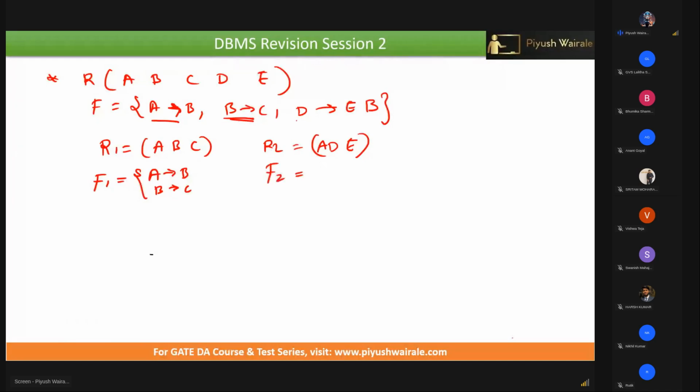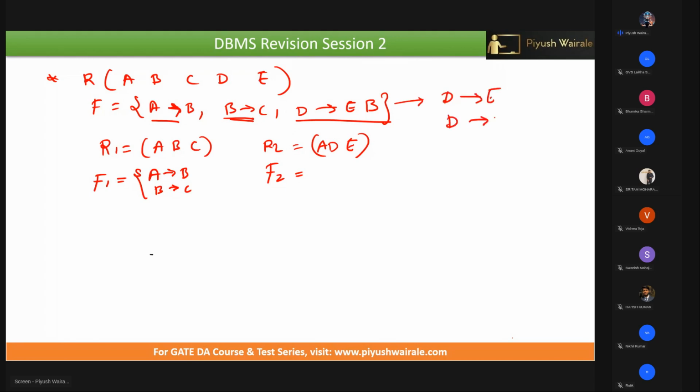Can we add this FD in F2 or F1? Anyone? D determines EB. We have D, we have E. Do we have B in R2? No, it means we cannot add that directly. But I can write this as DE and DB.